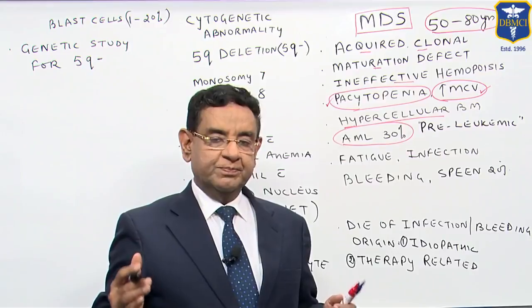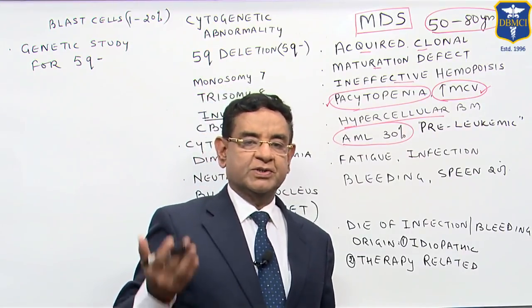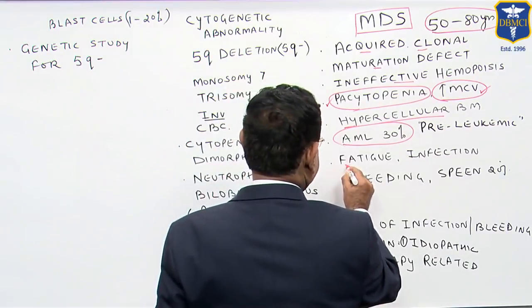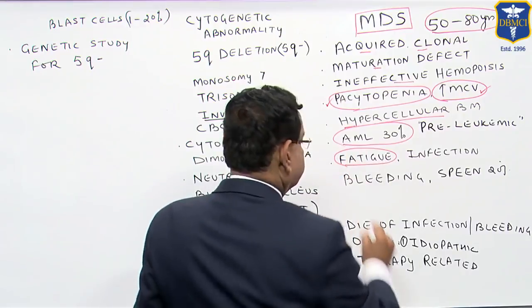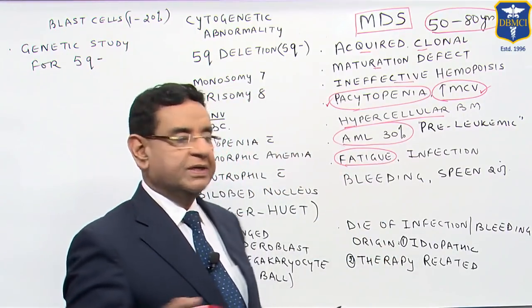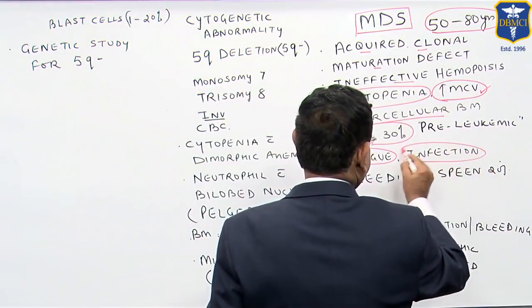As there is pancytopenia in the peripheral circulation, due to anemia, patient usually has fatigue, and due to low TLC count, patient is prone to infection.